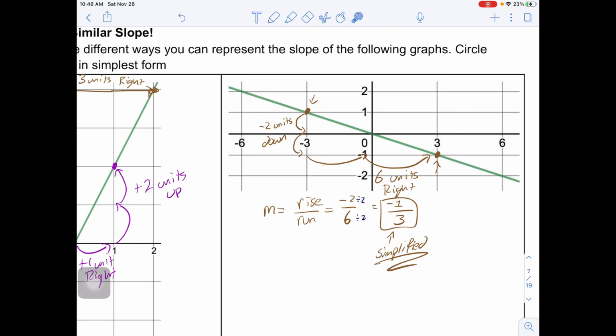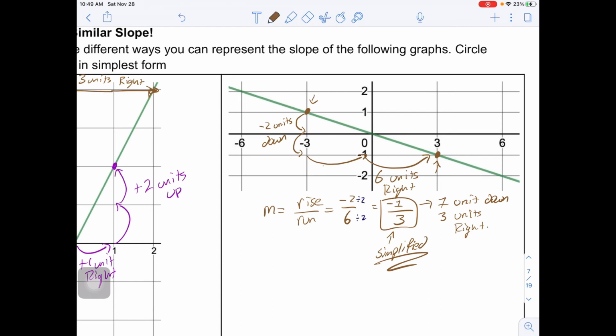Let's see if this makes sense. This is saying every 1 unit down, go 3 units right. Let's see if that works for my graph. So I start here, I go 1 unit down, and then 3 units right, which is a whole tick. And it looks like I do in fact end up on my graph, okay?